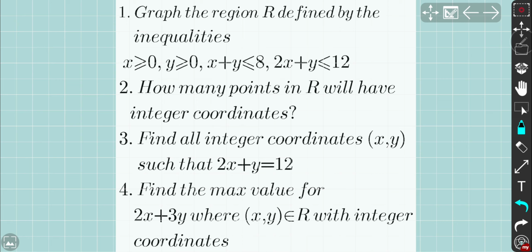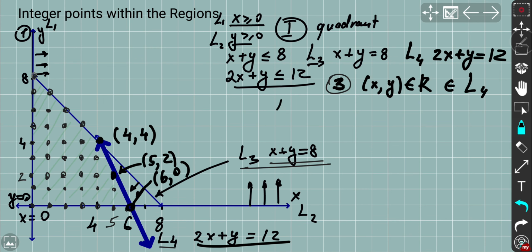Okay, and the last one, problem 4. Problem 4 is pretty interesting because you need to find the max value for the expression 2x plus 3y, where x, y are from our region and they have integer coordinates. In linear programming, 2x plus 3y is an objective function.